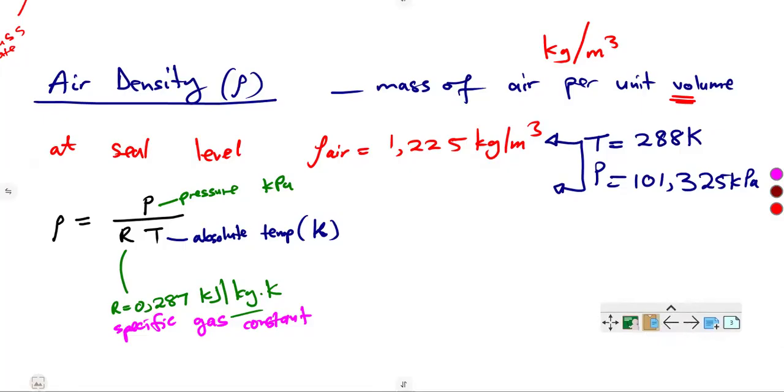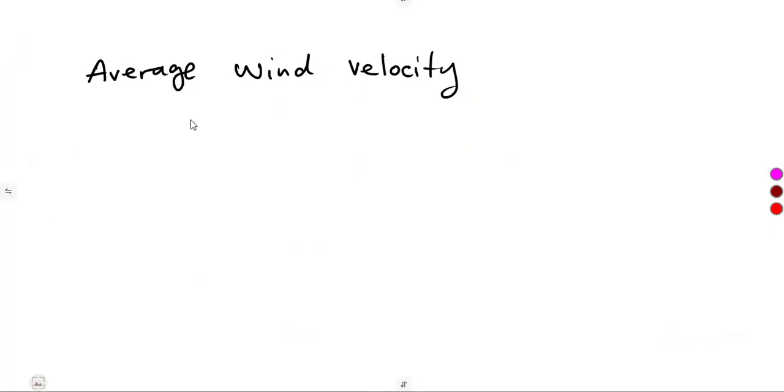We also need to understand the average wind velocity, as it is on its own. Whenever we are calculating an average, you sum up the two and divide by 2.